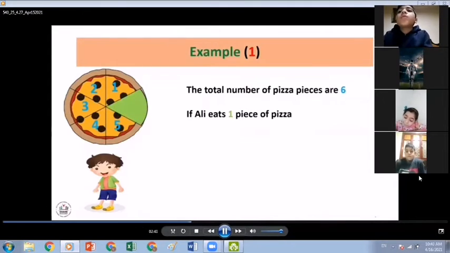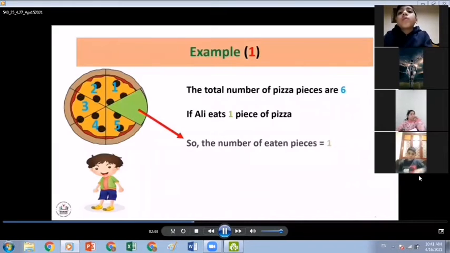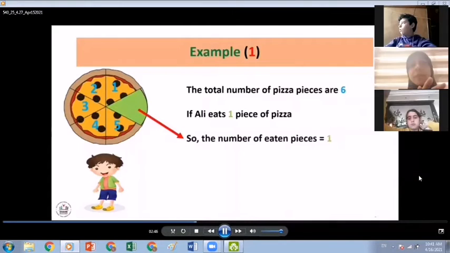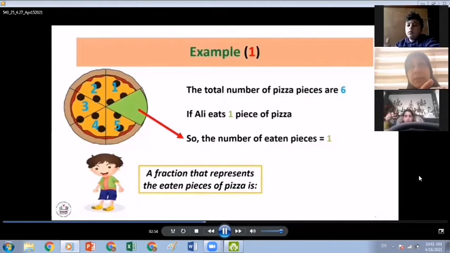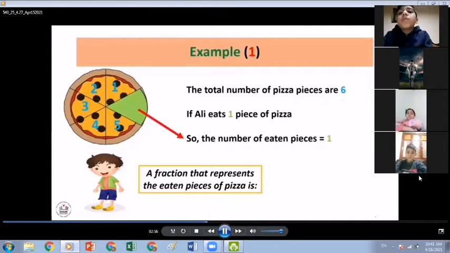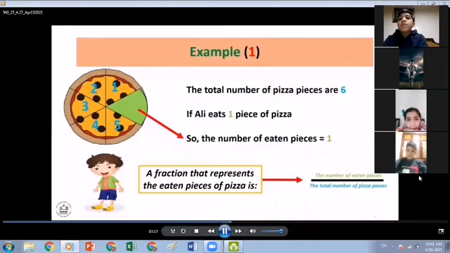A fraction that represents the eaten pieces of a pizza is the number of eaten pieces over the total number of pizza pieces. It means the number of eaten pieces must be the numerator and the total number of pieces must be the denominator of the fraction.